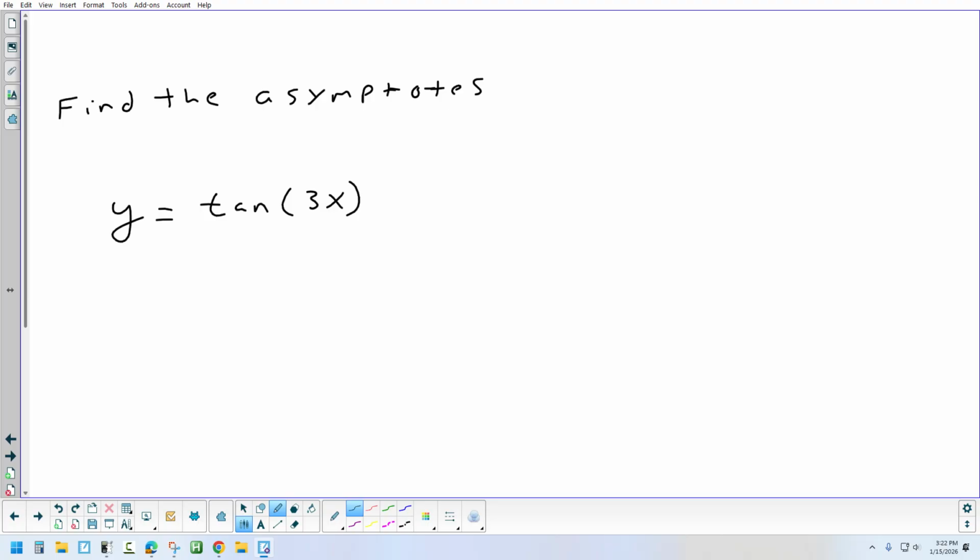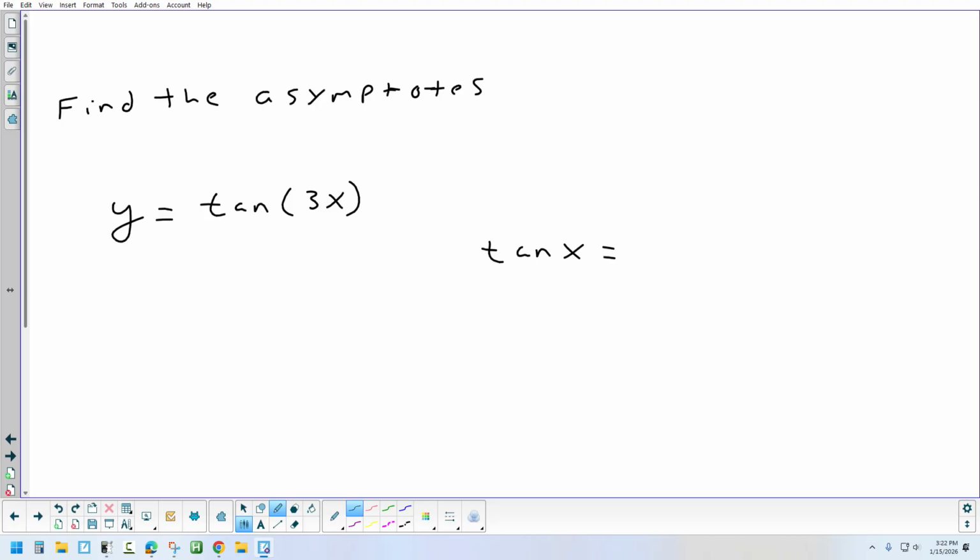What is the first positive asymptote that we get to in a tangent graph? How do we write tangent as a fraction? It's what over what?